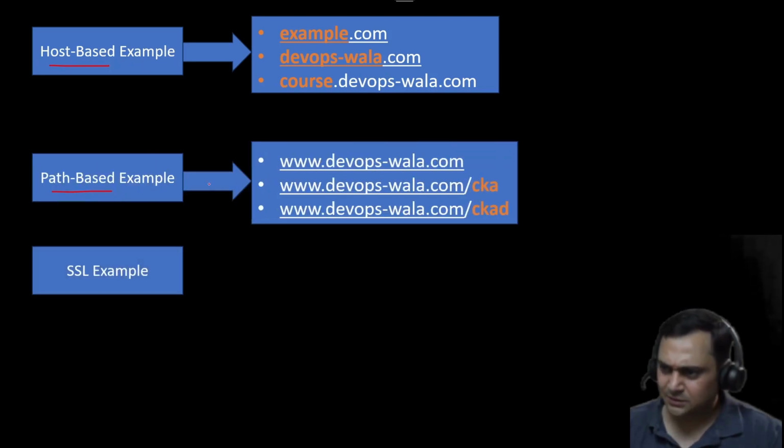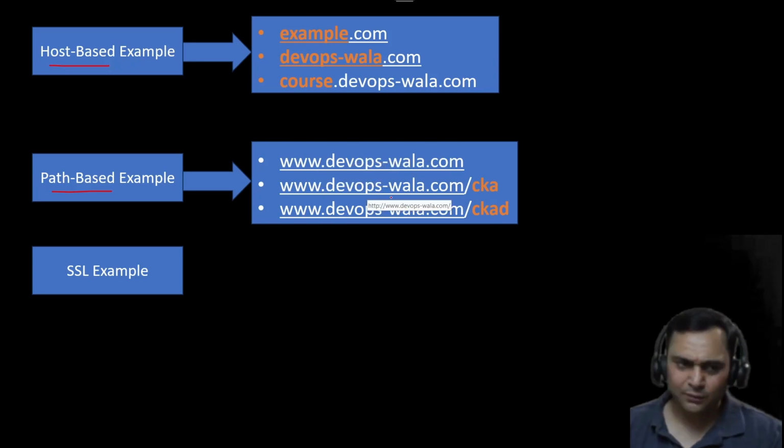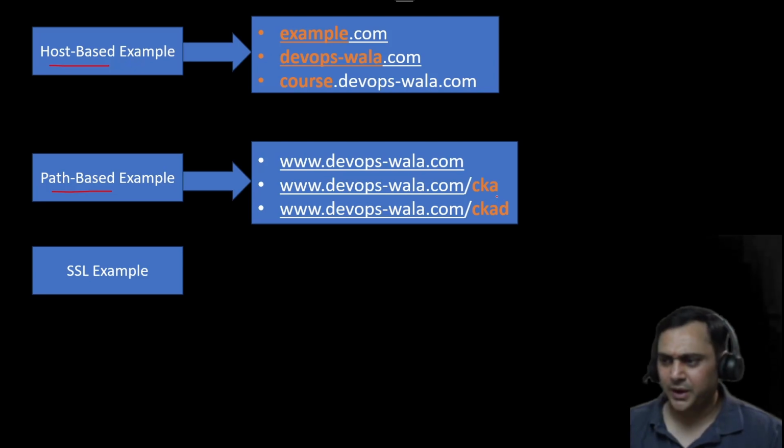For path based, we have www.devopswala.com, and we use www.devopswala.com/cka and /ckad. In path based, we have the same URL, or you can say the same FQDN, and after this FQDN we will have different subdirectories like CKA or CKAD.